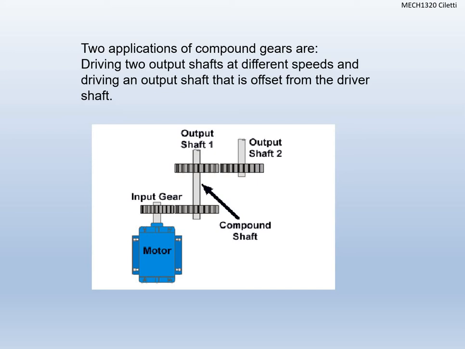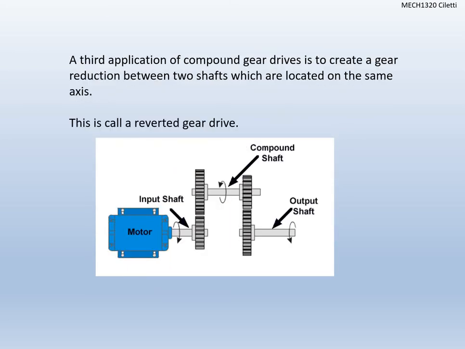Two applications that we can have for compound gears are driving two output shafts at different speeds and driving an output shaft that is offset from the driver of the shaft. So that's the two major applications where we use these. The third application is that we want to do some sort of gear reduction as well.